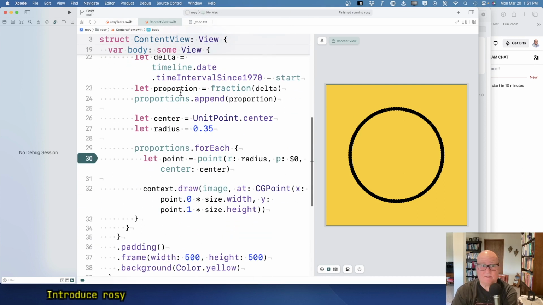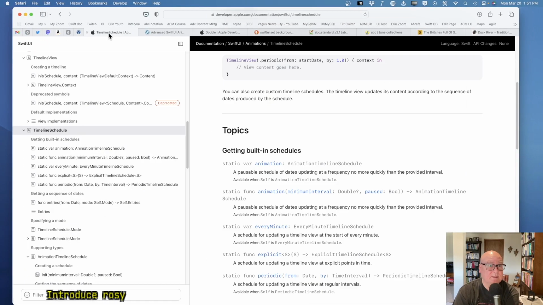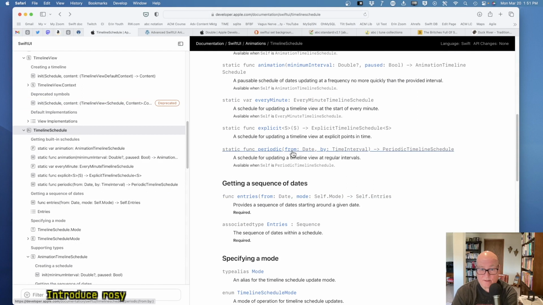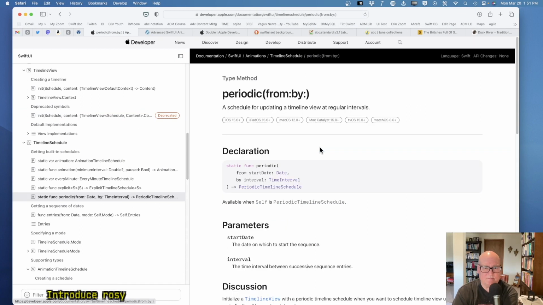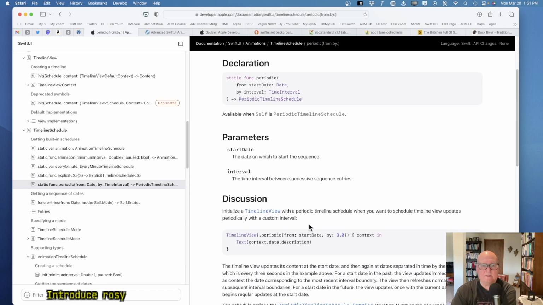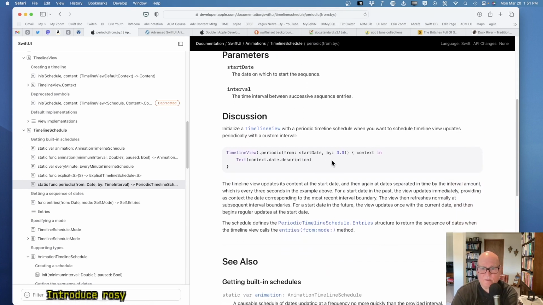All right, let's see what else we can do with timeline. Timeline schedule. Okay. Periodic. I don't know if that's going to work. Start date. 3.0 is seconds, I think. Yeah.